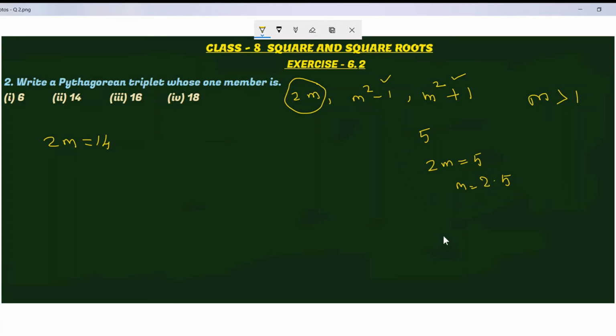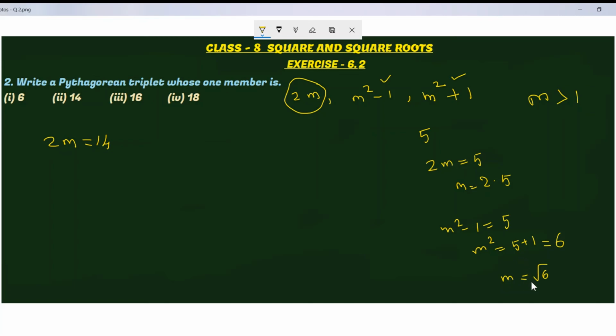If we take m square minus 1 is equivalent to 5, then m square is equivalent to 5 plus 1, which is 6. Again we need to take the square root of 6. We know 6 is not a perfect square number, so we can't take the square root, but we can write m is equivalent to root 6. This is also one type.